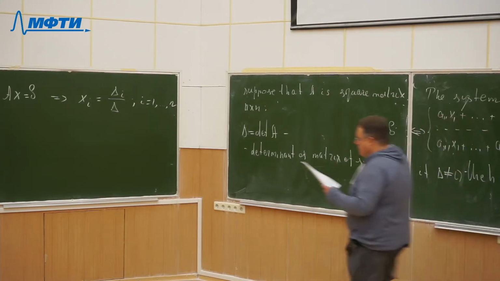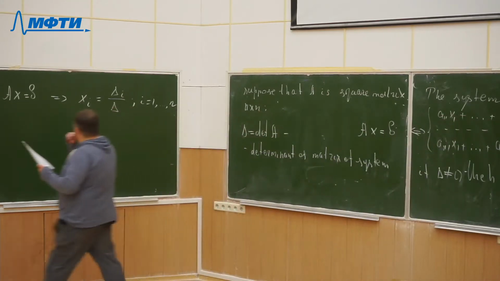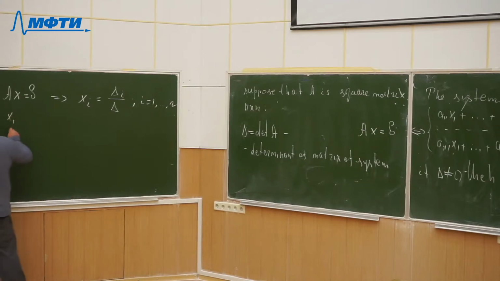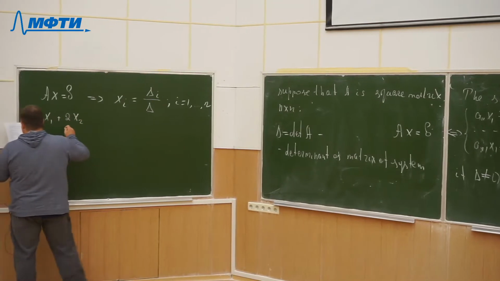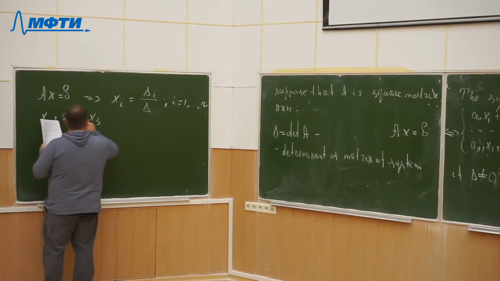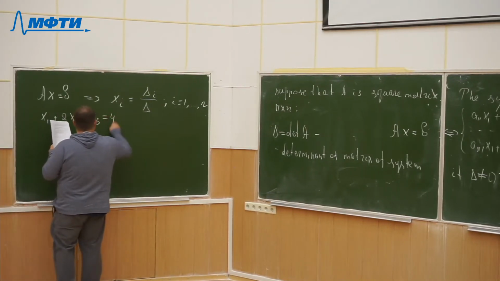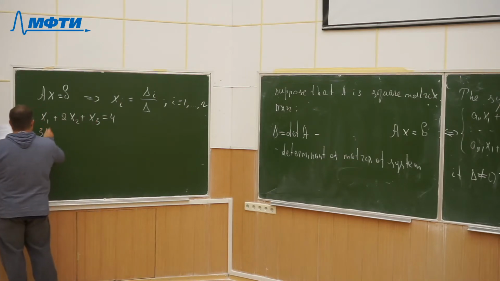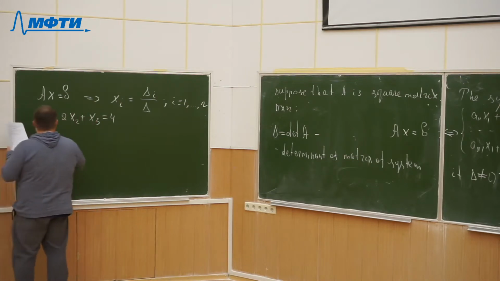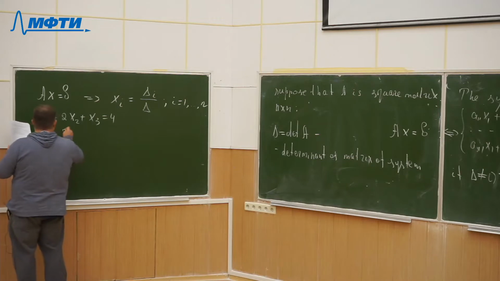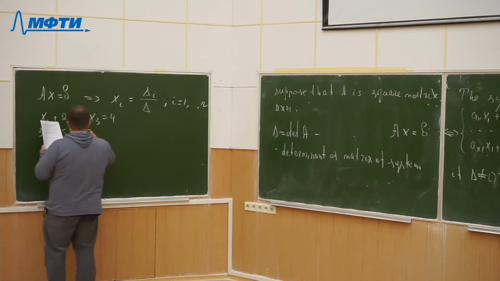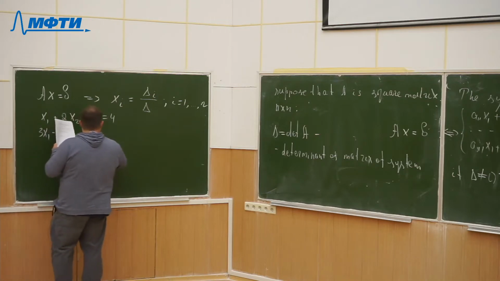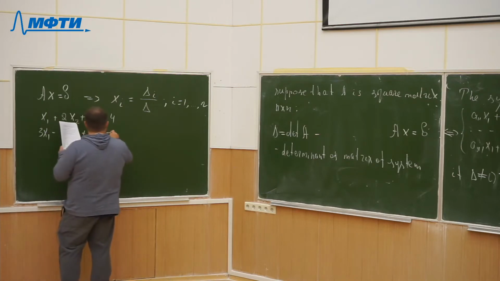Consider the system of equations: x1 plus 2 times x2 plus x3 equals 4. 3 times x1 minus 5 times x2 plus 3 times x3 equals 1.